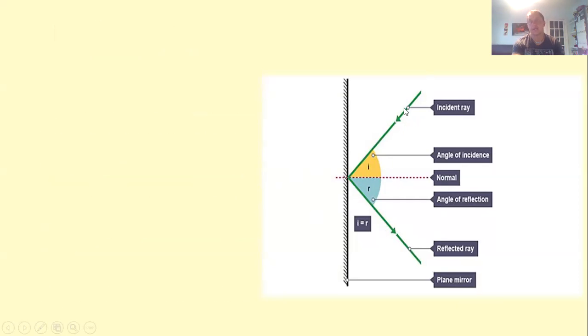As I was saying a minute ago, the ray of incidence, which is the light coming in, bounces off of the surface at exactly the same angle. The angle that the incident ray hits at is called the angle of incidence, and funnily enough, the angle it reflects off at is called the angle of reflection.